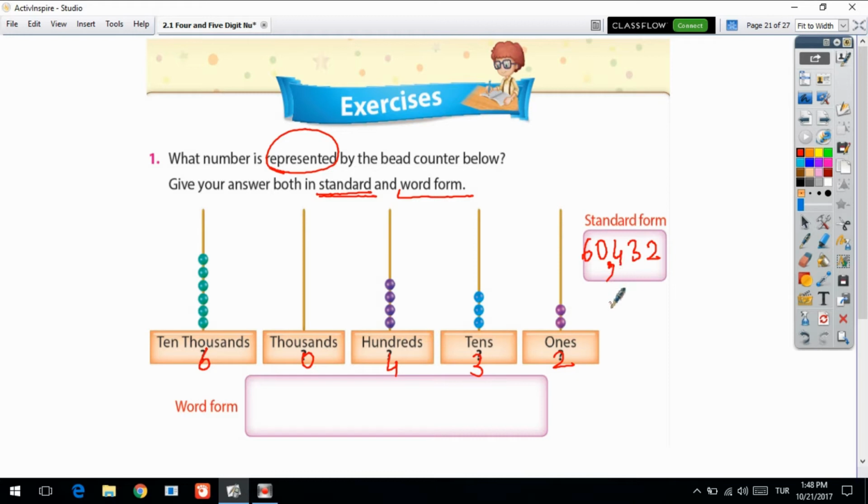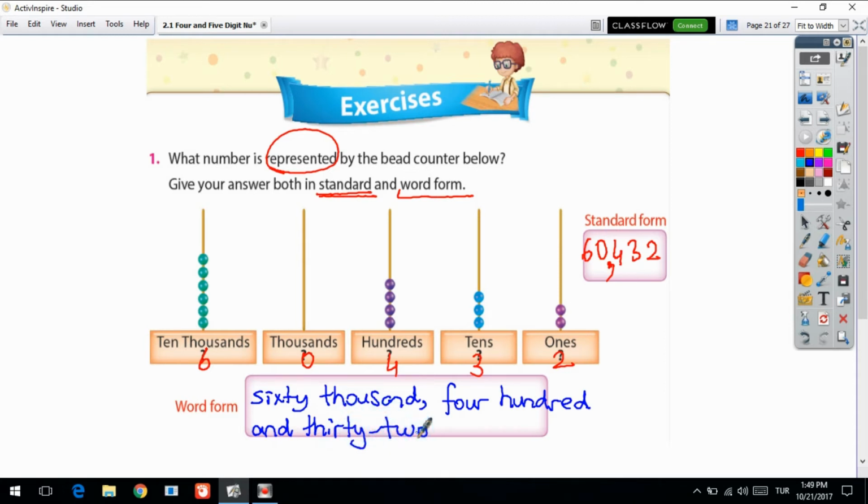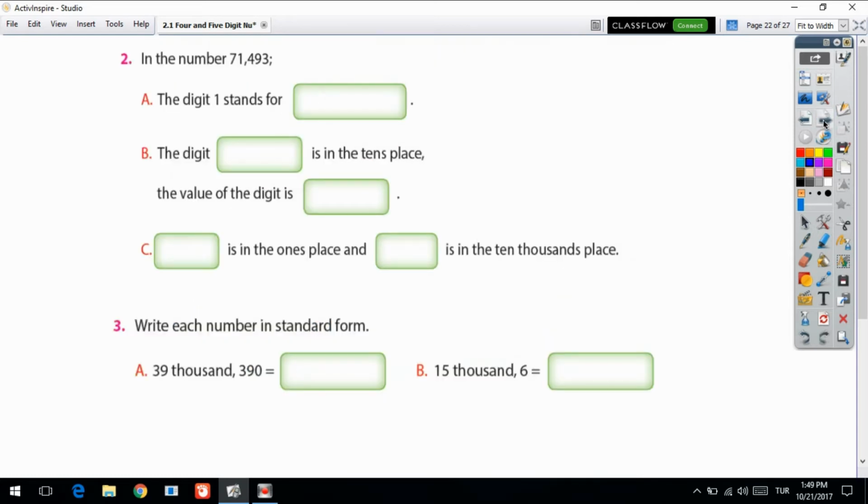Then when you come to the comma, you say thousand and read the number normally. 60,400 and 32. So easy, right? Now let's look at the second question.